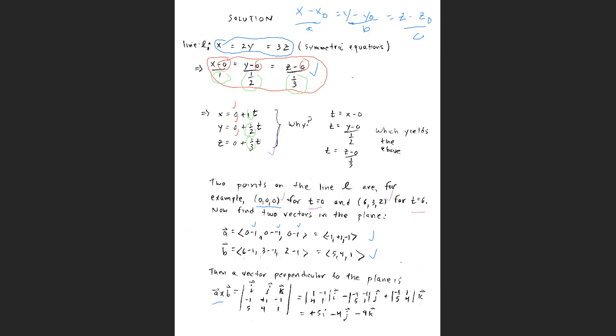Now I take the cross product of A and B, and I get the vector (5, -4, -9), and that will be the vector normal to the plane. Now that I have a vector normal to the plane and a point on the plane, I'll just use one of them.